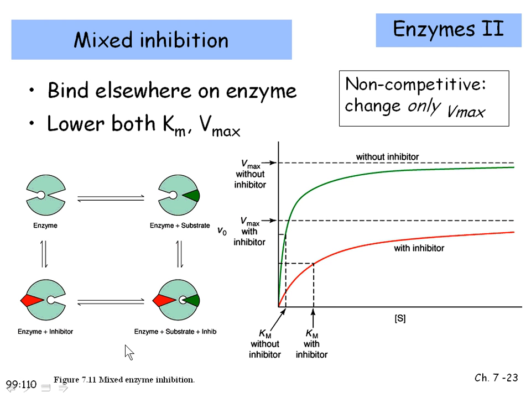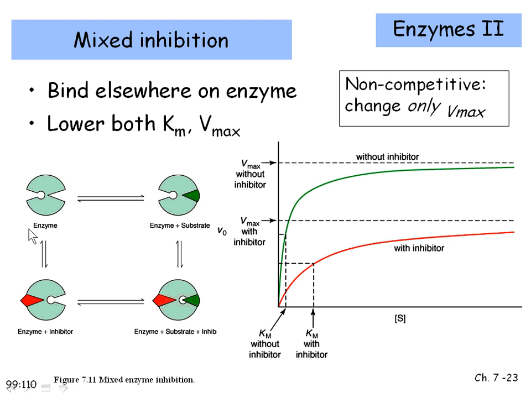Okay. There are many possible ways of interfering with an enzyme. There's another case called mixed inhibition. In the case of a mixed inhibition, you have an enzyme which can bind a substrate and go between an enzyme and an enzyme-substrate complex.